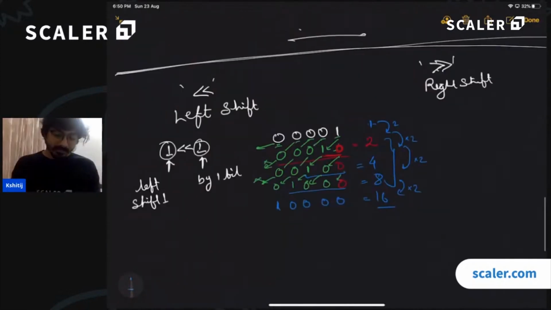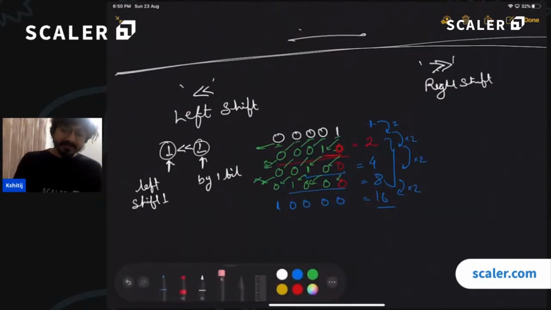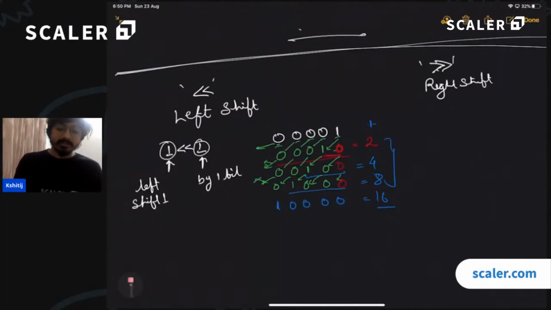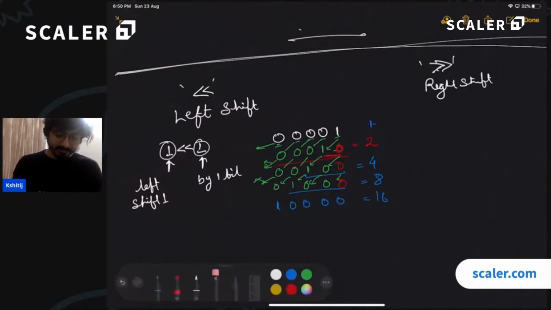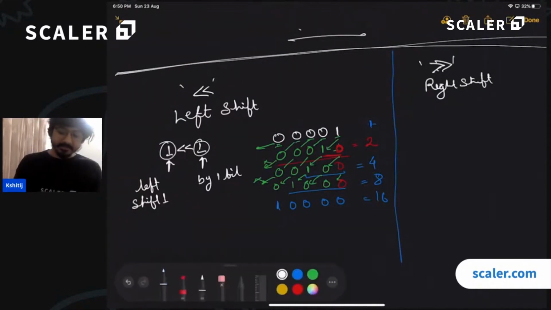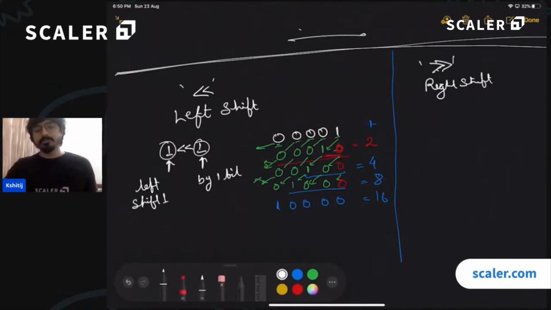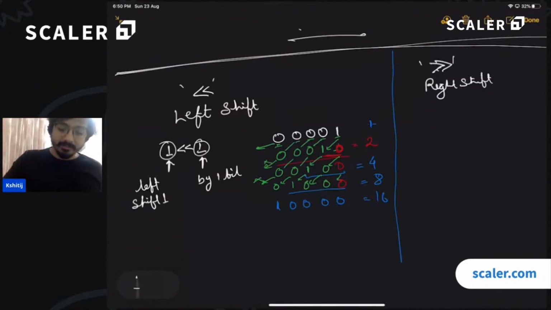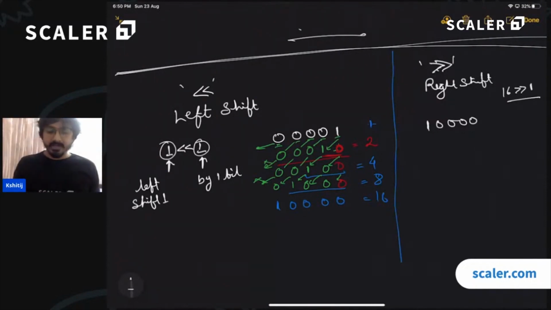Now similarly, the right shift is the counterpart of this operation. What you have to do in right shift is shift all the bits towards the right side by the specified number of positions. So for example, if you are starting from 16 and you do 16 right shifted by 1 bit, what will happen?